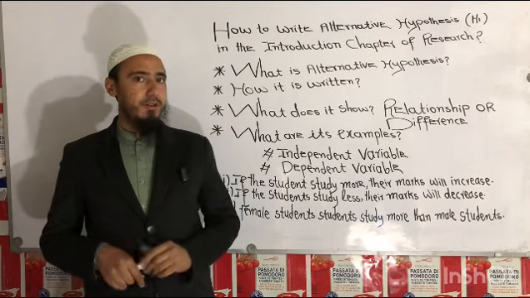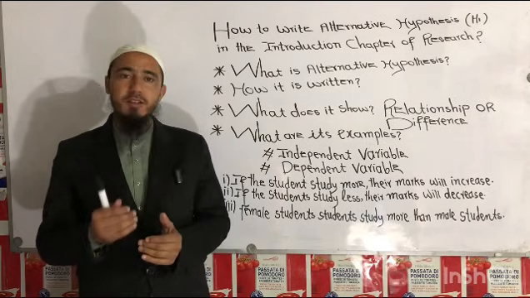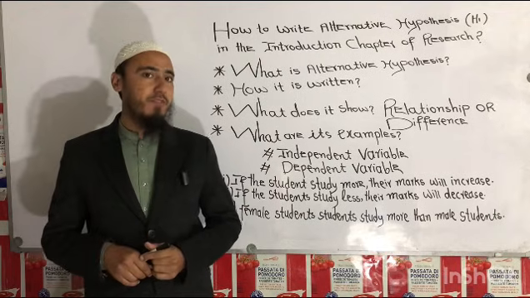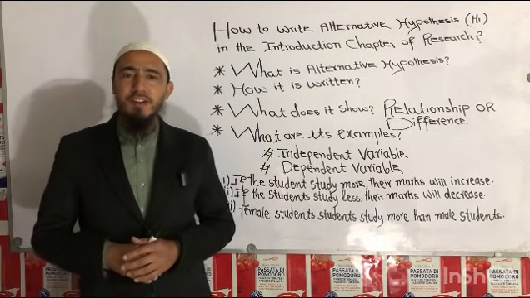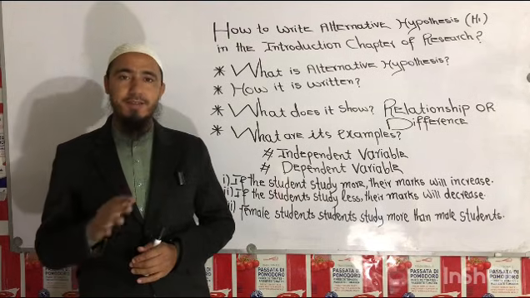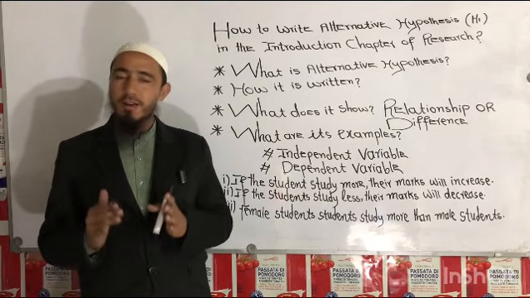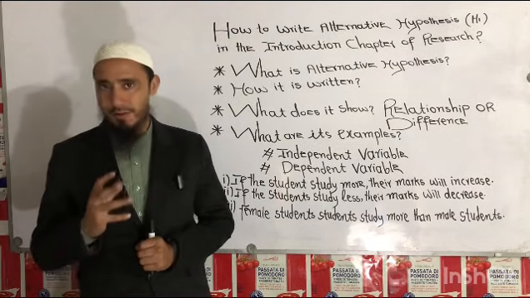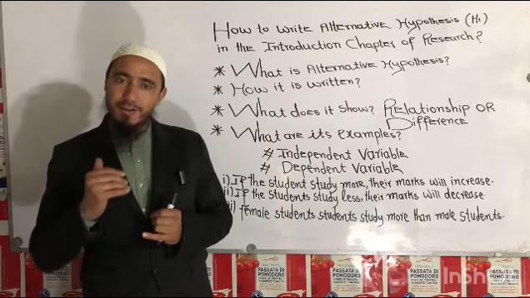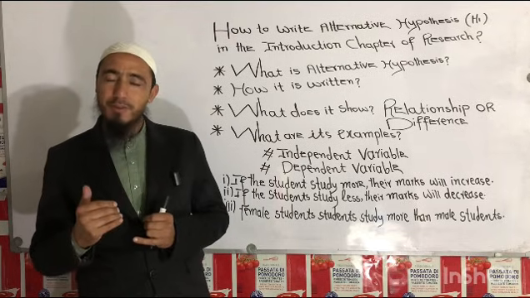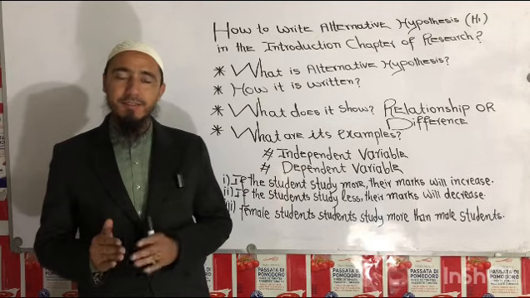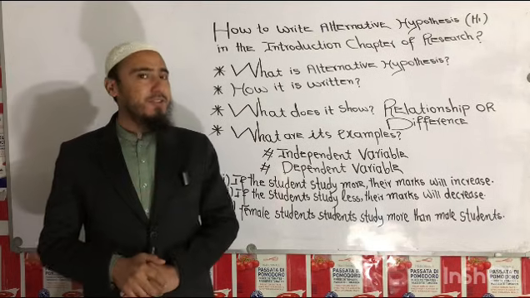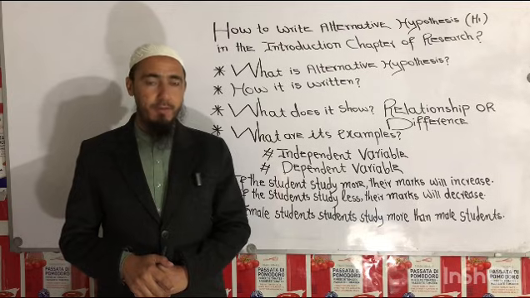Listeners and audience, let me connect this topic with the previous one for the sake of better understanding. Whenever we are talking about hypothesis, as I taught you yesterday, hypothesis refers to a logical, measurable, and testable statement which predicts the relationship between two variables.